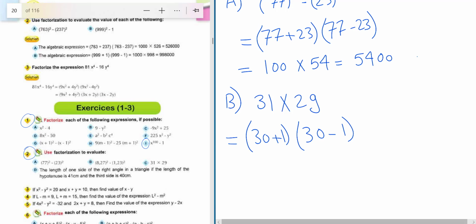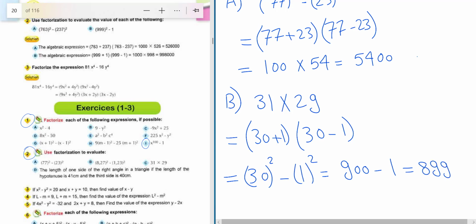The sum and the difference between the same two quantities equal the product of 31 and 29. 30 plus 1 times 30 minus 1 is the factorization of the difference of two squares, which is 30 power 2 minus 1 power 2. 30 power 2 equals 900, minus 1 equals 899.